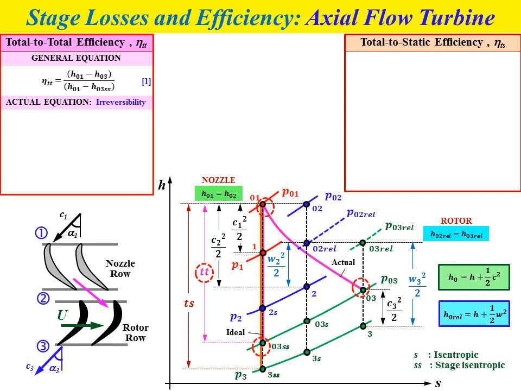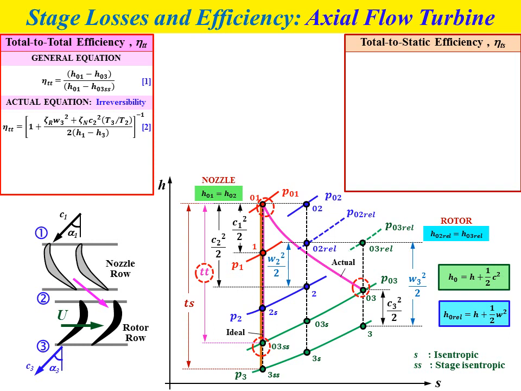So if we consider the actual process, we will get the actual equation. When we consider irreversibility, we will have a longer and more complex equation that involves the loss coefficient in the rotor and also in the nozzle, the velocity diagram component, the temperature ratio, and also the static enthalpy.